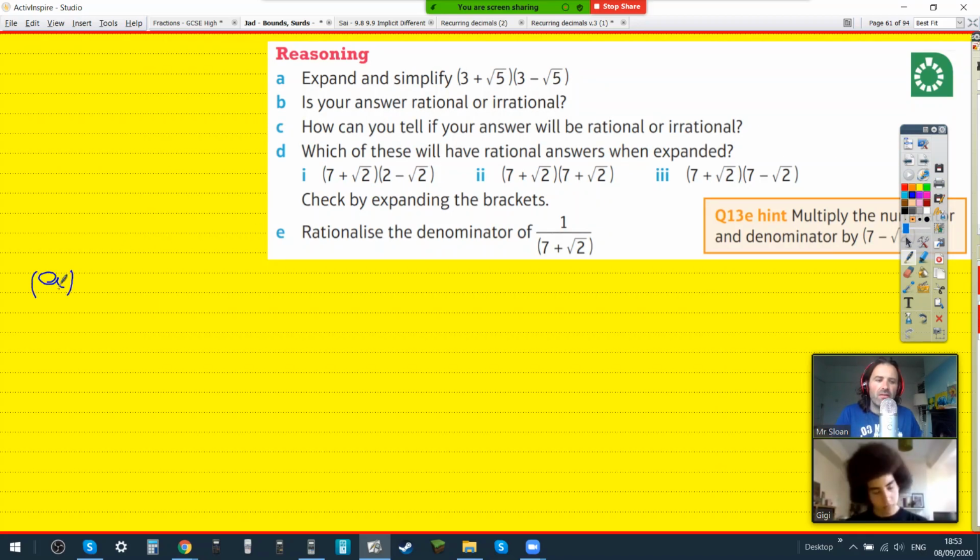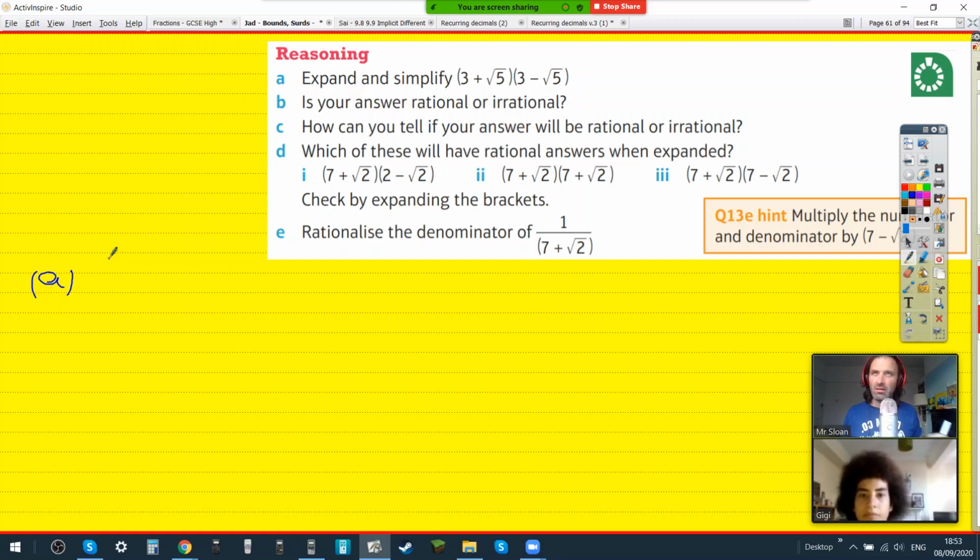What would be A for this one? 3 plus root 5, 3 minus root 5. So that would be 3 times 3 is 9. 3 times 3. 3 times minus 3 root 5.